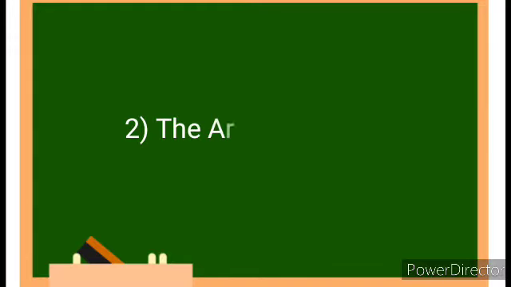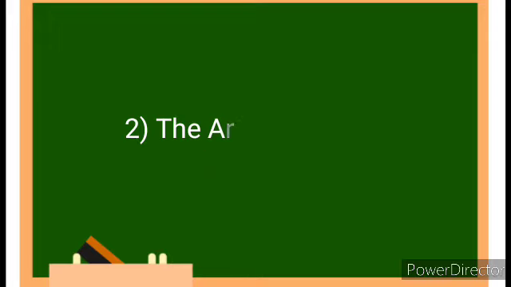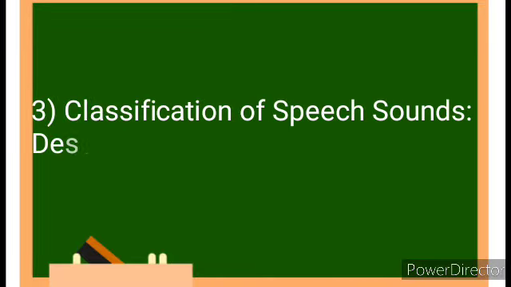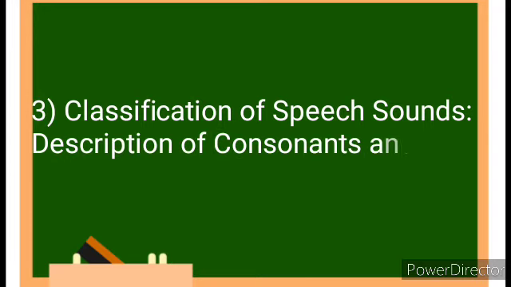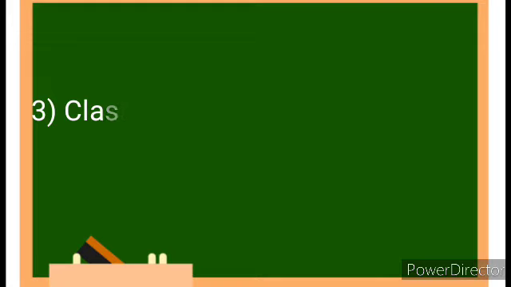Second chapter, titled as the articulation of speech sounds. In this chapter we will come to know how to pronounce the sounds that we have studied in the first chapter. For the better understanding of these sounds, these are further classified into two categories, that is vowel and consonant, which we will study in the third chapter, that is classification of speech sounds.